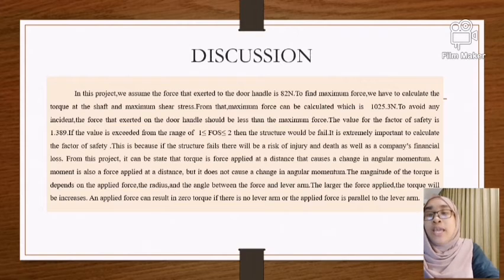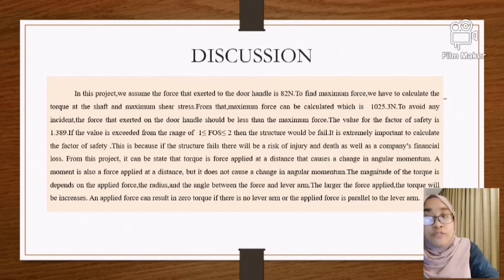From this project, it can be stated that torque is a force applied at a distance that causes a change in angular momentum. A moment is also a force applied at a distance, but it does not cause a change in angular momentum. The magnitude of the torque depends on the applied force, the radius, and the angle between the force and the lever arm.